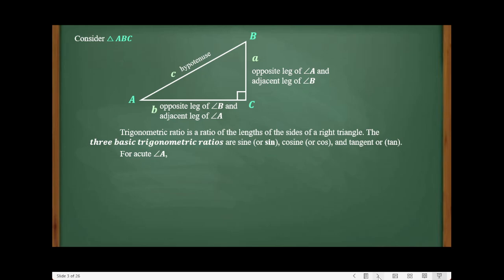Again, considering the acute angle A, let us now have the next two trigonometric ratios.